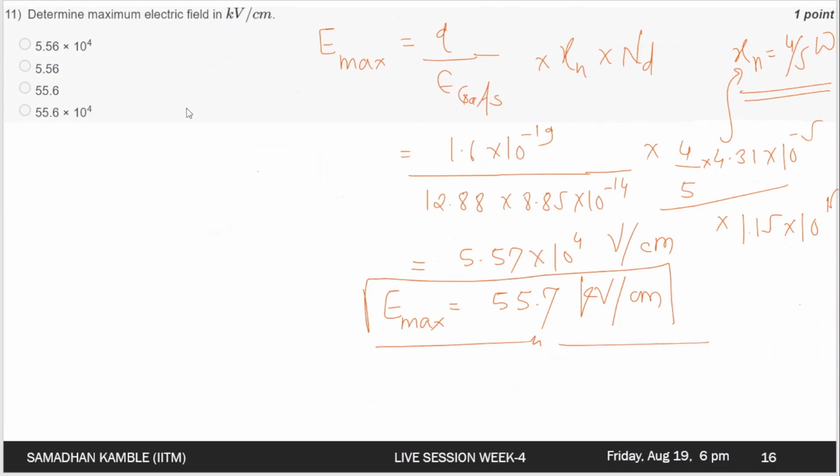Okay, so the maximum electric field developed across the junction in kilovolt per centimeter is 55.7. So the closest answer here is 55.6.